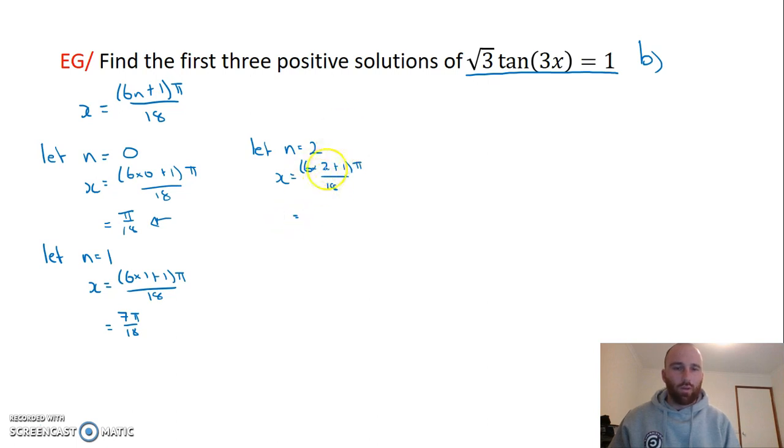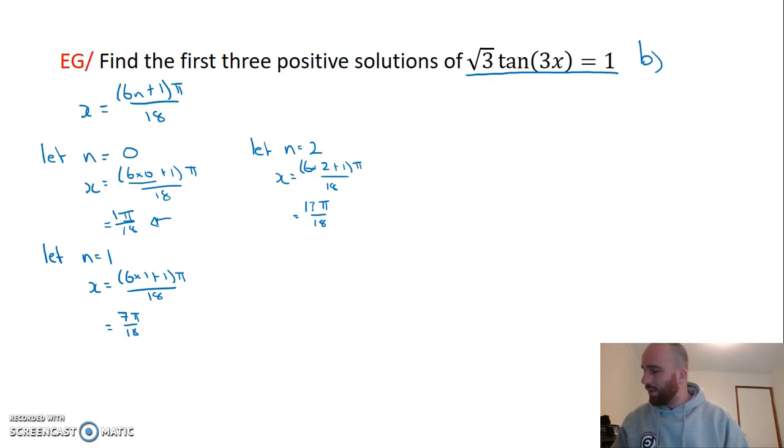What you'll notice is there's a pattern. 6 times 2 is 12, plus 1 is 13, so it becomes 13 pi on 18. So it's pretty easy. Once you can find your first value, as we increase n by one, we're simply adding 6 to the numerator. Because that's 1 pi over 18, then that becomes 7 pi over 18, 13 pi over 18. If you keep on adding 6, you can get the pattern. I know the next one will be 19, then 25, 31, 37, and so on.